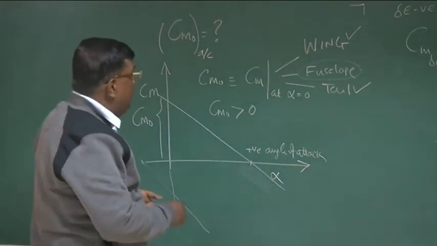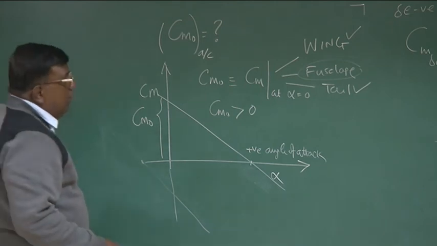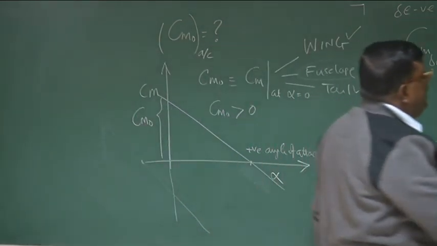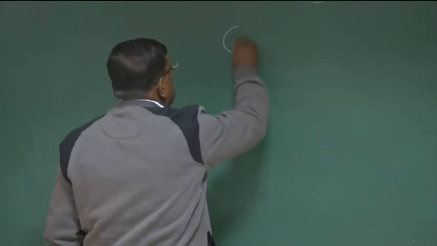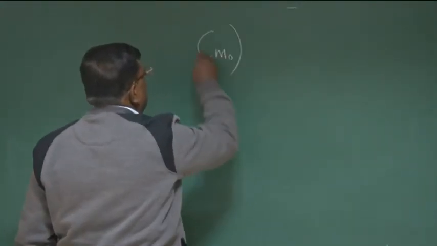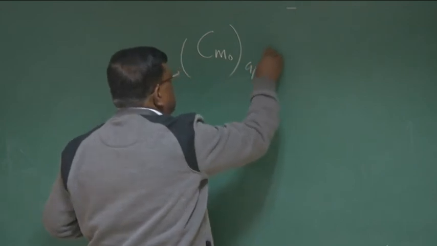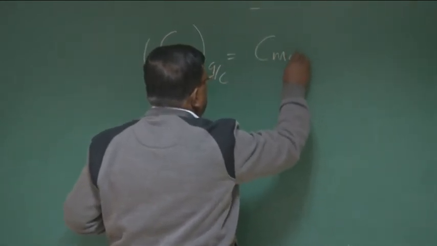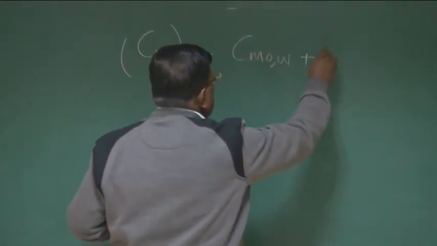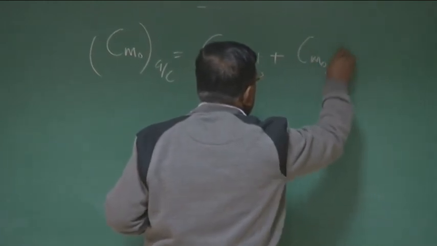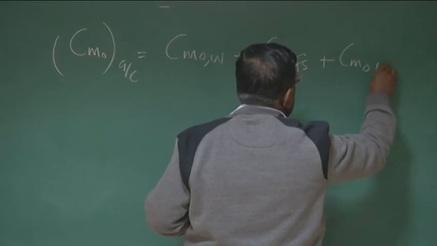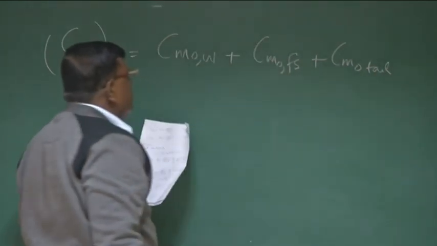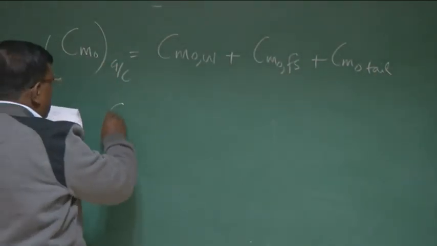Right? So what is the contribution of wing? We have already done it. We'll just write an expression to give you better insight into it. Cm0 of aircraft is nothing but Cm0 due to wing plus Cm0 due to fuselage plus Cm0 due to tail, right? We have already derived the expression.